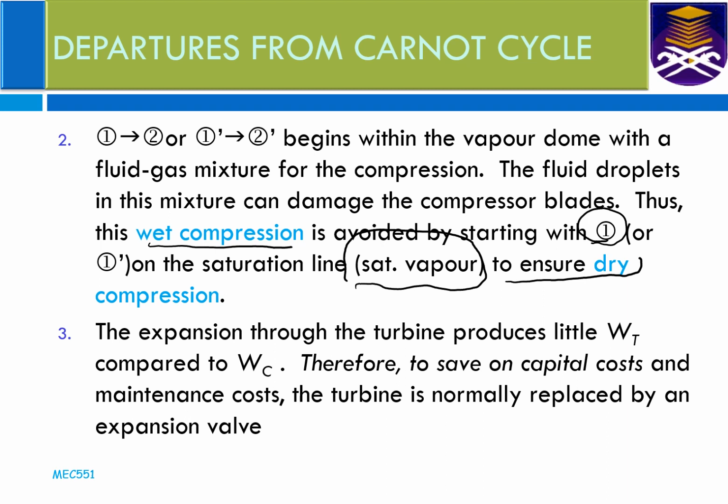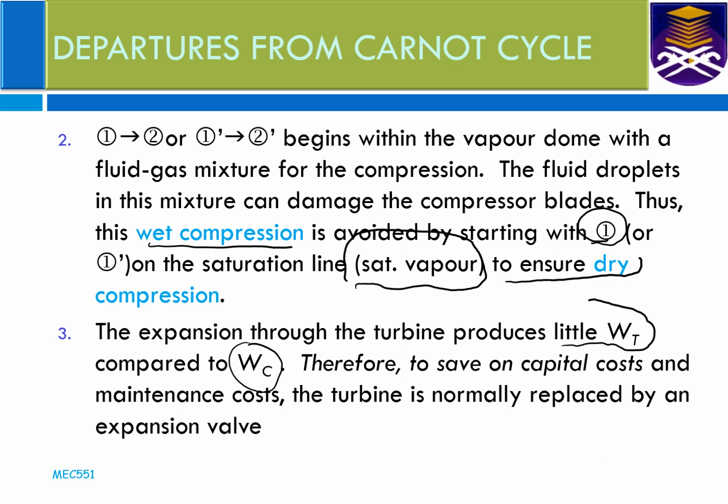Third, the expansion process through the turbine produces little work output compared with the large power input of the compressor. Therefore, having a turbine in the refrigeration system is not viable and is high in cost. Also, when you do maintenance on the refrigeration cycle, you need to maintain the turbine, and maintaining rotating equipment is not easy.